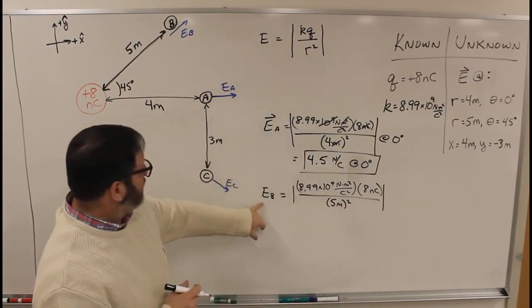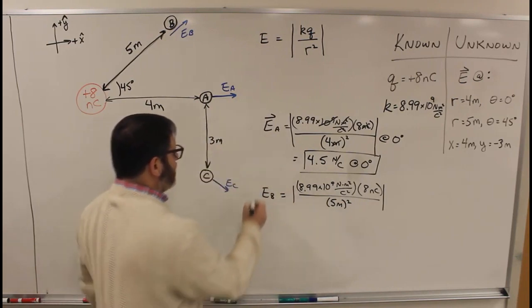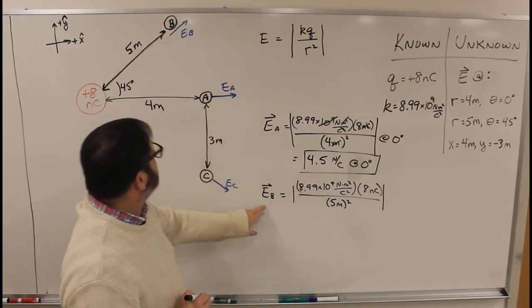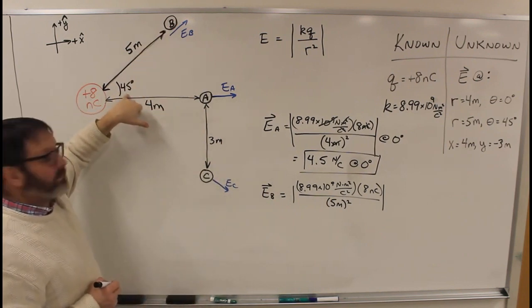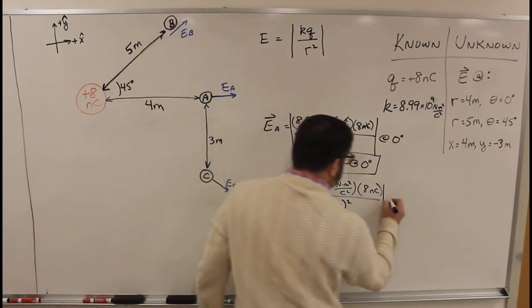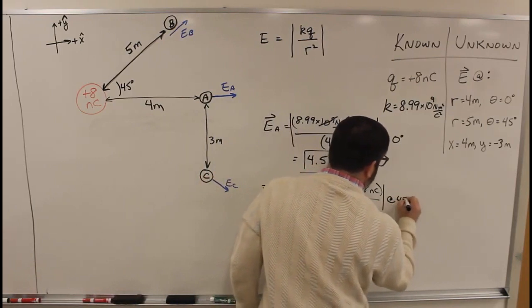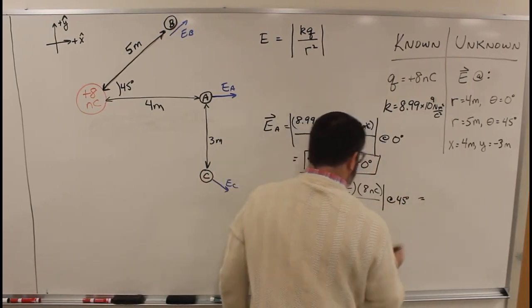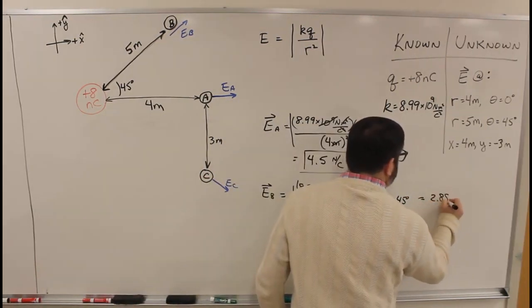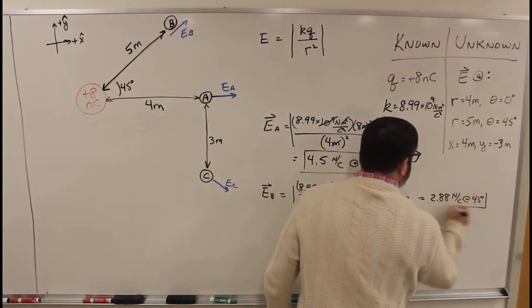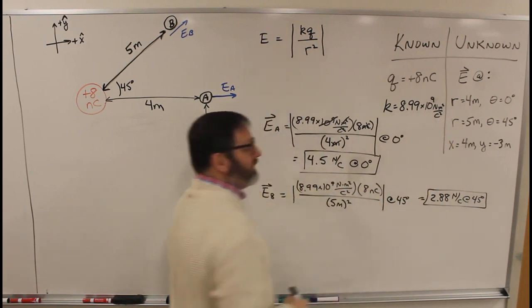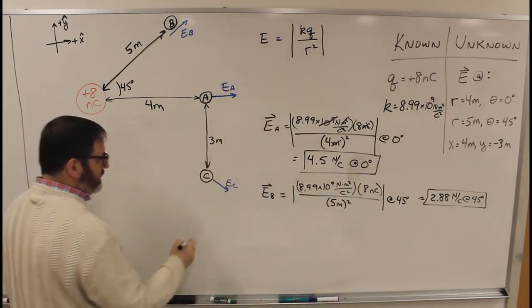And if we want to give it the direction already, we can say the vector of it is up and to the right, the same angle that this was. So at 45 degrees. 2.88 newtons per coulomb at 45 degrees. That's the second one. Now for the third one.